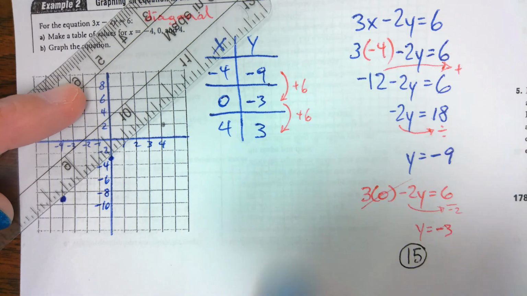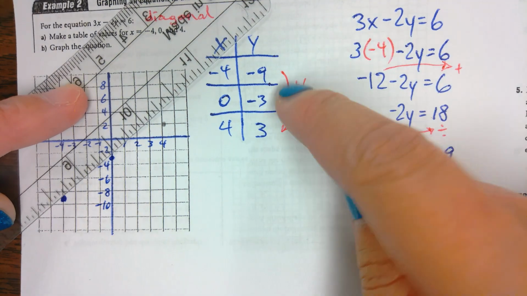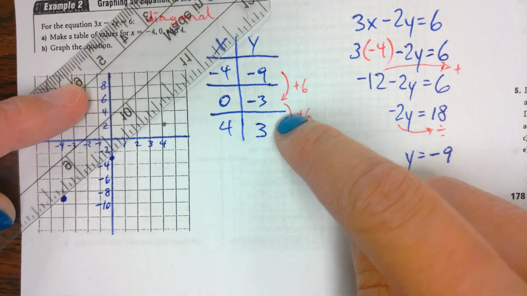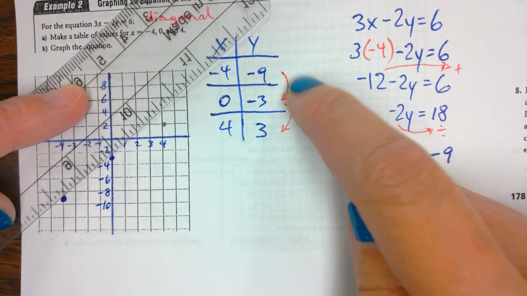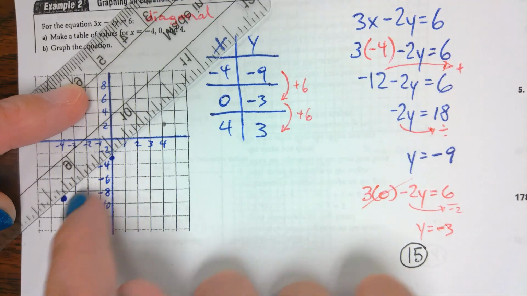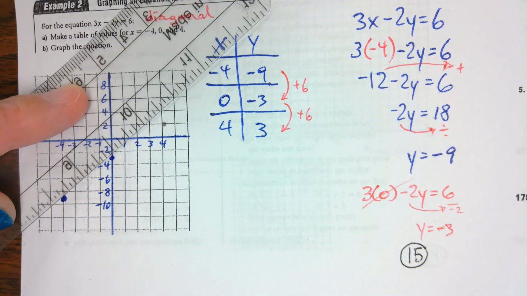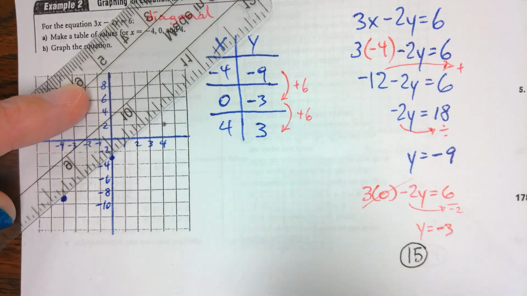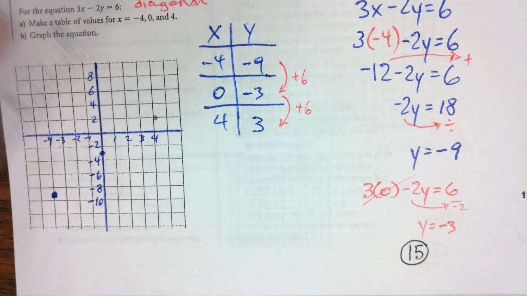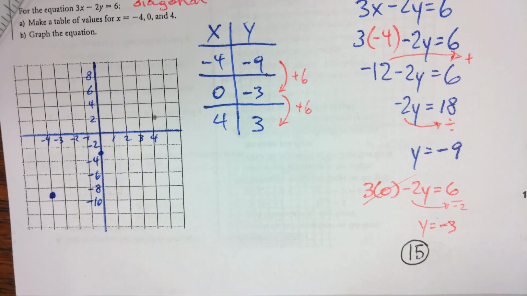Right, okay. So you see, in a table, you can verify that it's going up by the same amount. In the graph, it should all line up to be on the same line. So notice right here, oops, I made the mistake. This is not for 3.